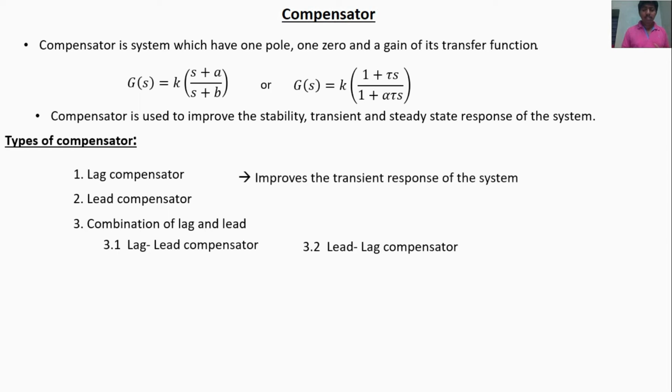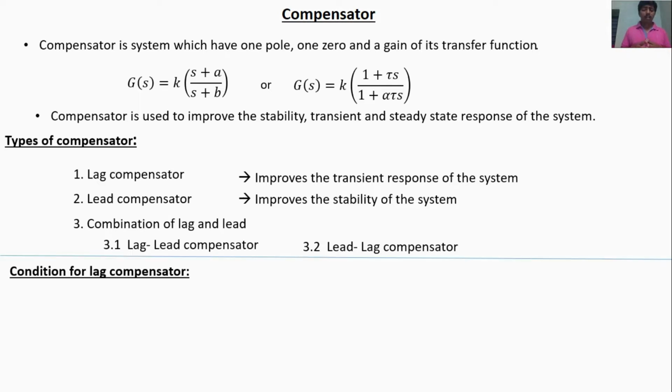The lag compensator is used to improve the transient response of the system. The lead compensator is mainly used to improve the stability of the system. If I need both, stability as well as transient response, then we go for the combination.